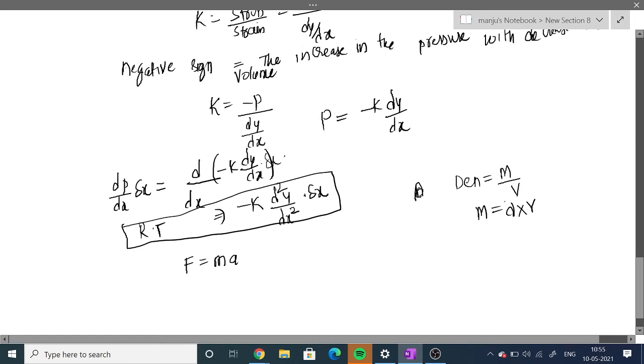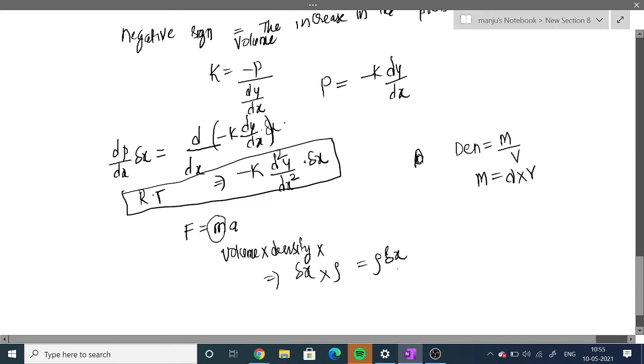Volume is delta x and density is rho, so the mass is equal to rho delta x.